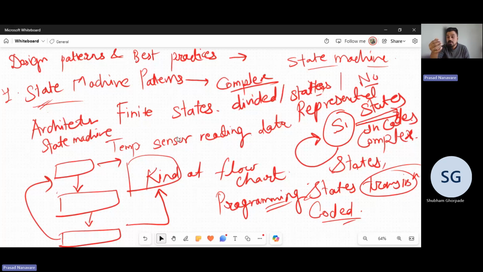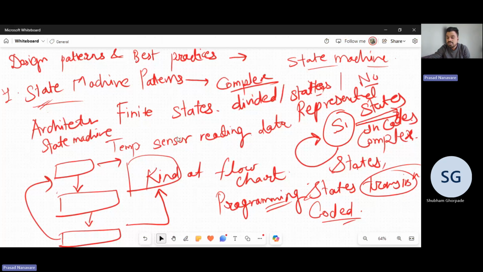So the state implementation is done basically using an enum for states, with a switch case or function pointer approaches to represent the transitions. This is how it is implemented. So this is our first design pattern, and basically one of the standard practices.